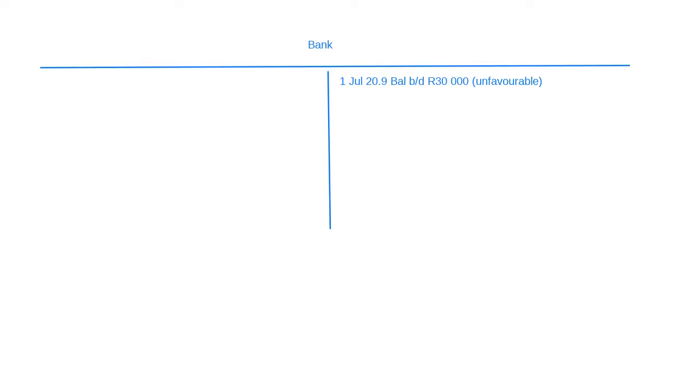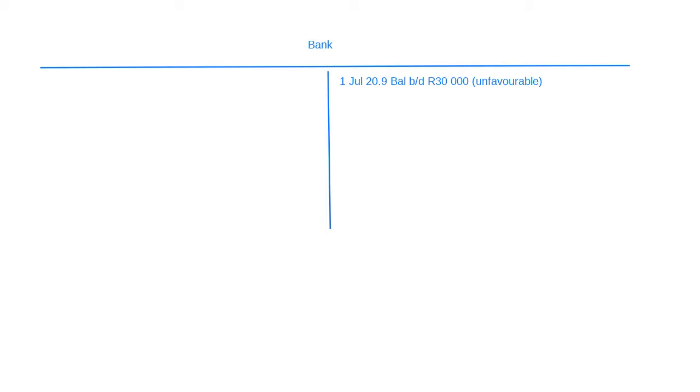Now, when we do our transaction, so let's say 31st of July, total receipts. Now, in this question, the total receipts was 89,500.